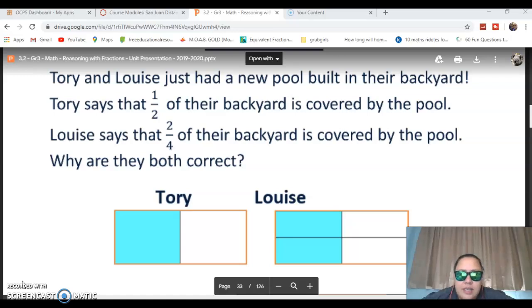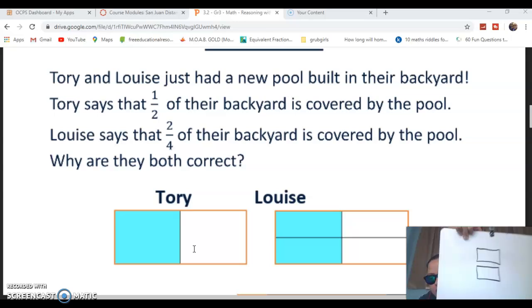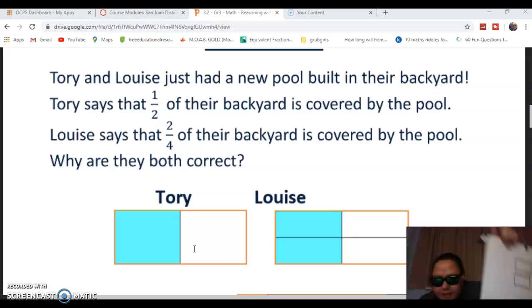All right, so you can see there in the picture that it is very important when we are talking about equivalent fractions that we are comparing it to the same size shapes, such as this. If they are not the same size, then we can't say they're equivalent or not.